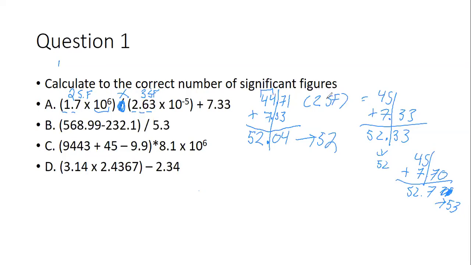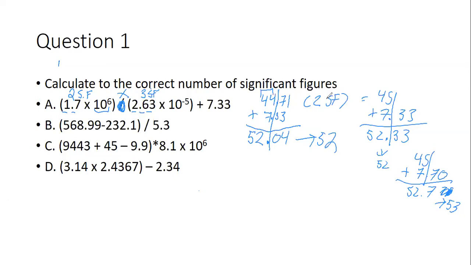Could we put the entire equation in the calculator and round it at the end? If you are good with parentheses and you are confident that you are putting it in right, then yes, you could. You have to use parentheses though. Otherwise, you will get the wrong answer. So make sure you're using your parentheses correctly.